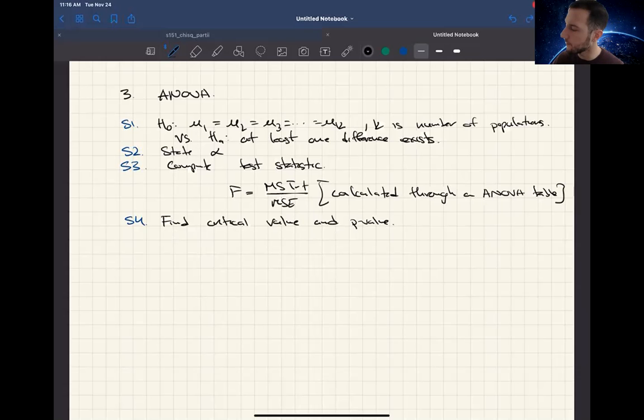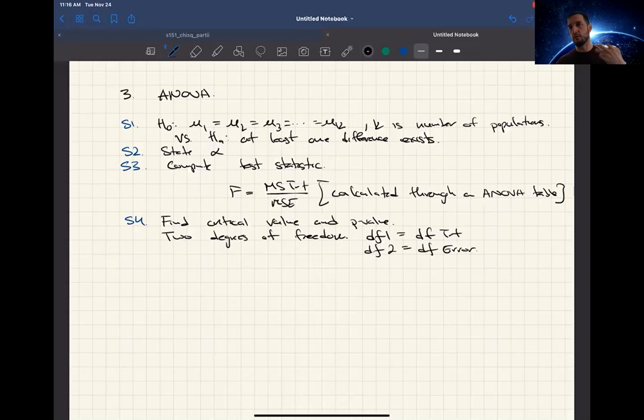For an ANOVA test, we have 2 degrees of freedom. df1 is the degrees of freedom for the treatments, and df2 is the degrees of freedom for the error. Again, I'll show you how this works through illustration and then how we use that to compute critical values and p-values in Rcmdr.